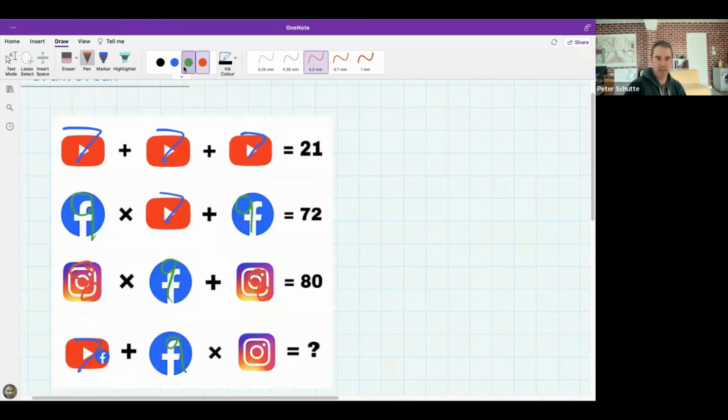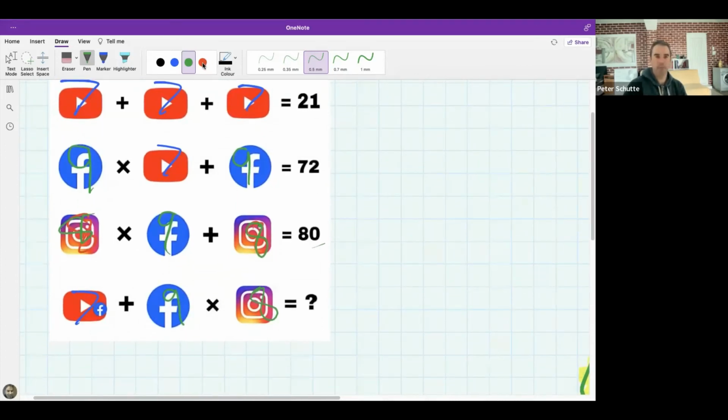Let me use a different color because it's a bit light. So that's 8. So what is our final answer going to be? Remembering that BODMAS says that multiplication comes before addition. So 9 times 8. And then is that the answer? No. Have a look.